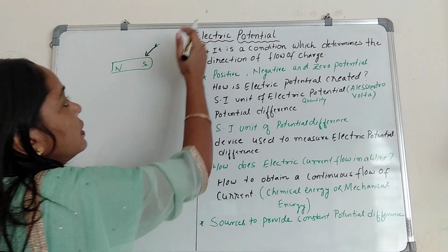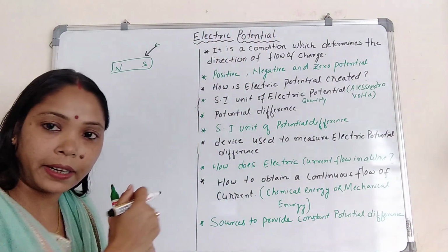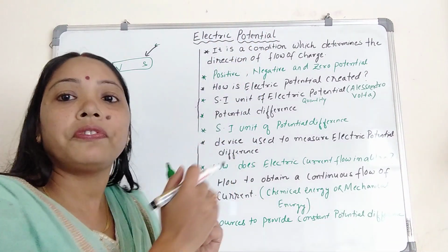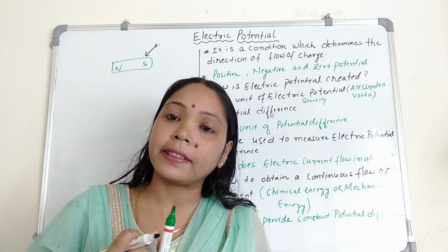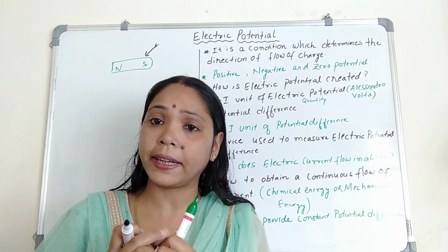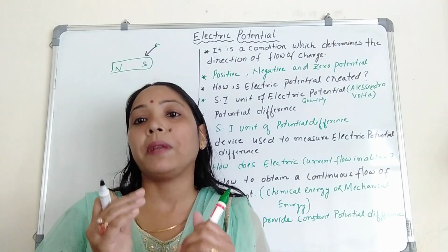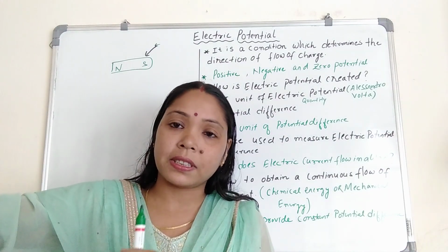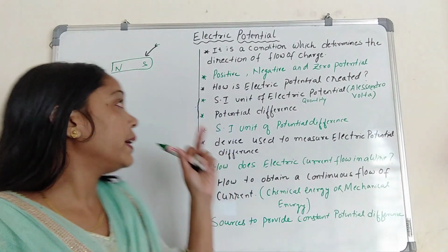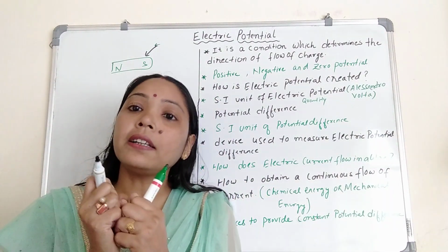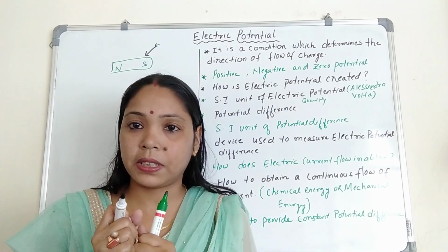But suppose it is very far from the magnet. Will the magnet be able to attract that magnetic substance? No, because now the magnetic substance is very far from the magnet. So the magnet is unable to attract it.